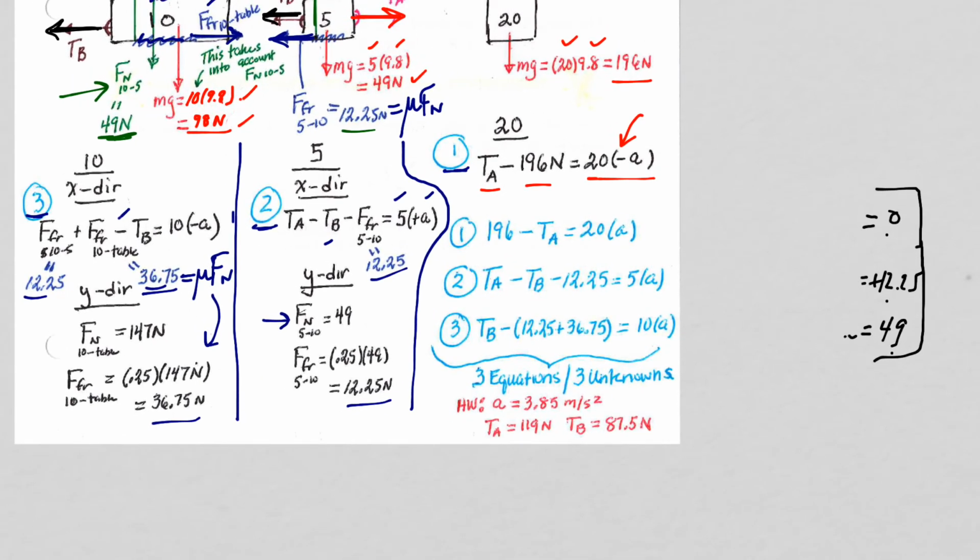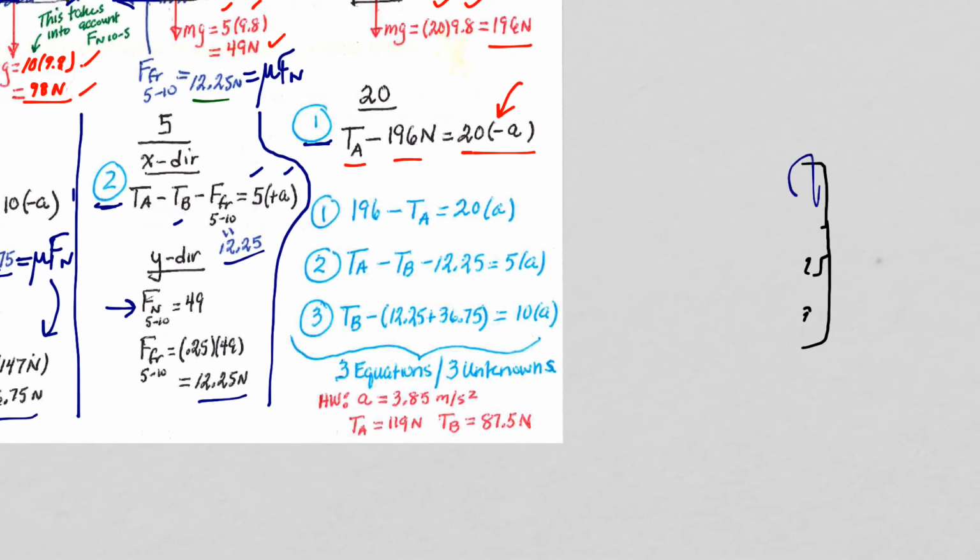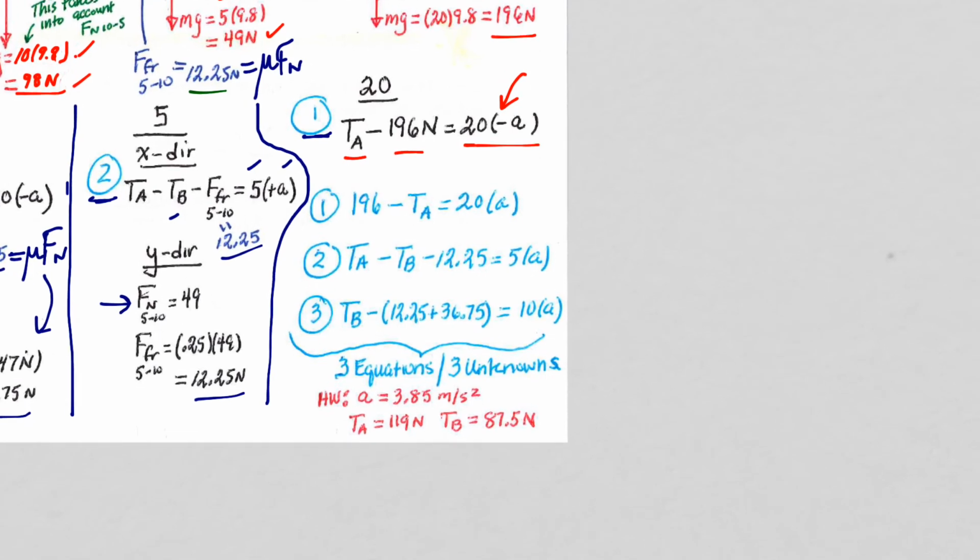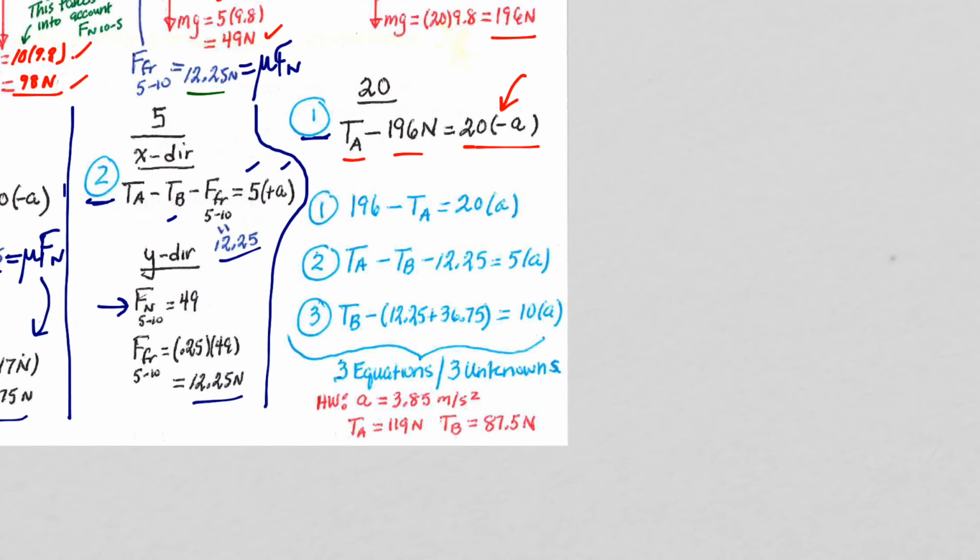I'm going to erase all this out here because I'm going to show it to you again. And you don't need to copy this into your notes. Once you have the 3 equations and 3 unknowns, this will help you when you watch the video, however.